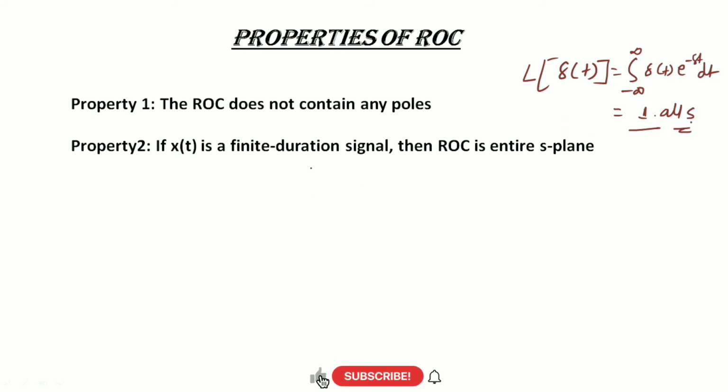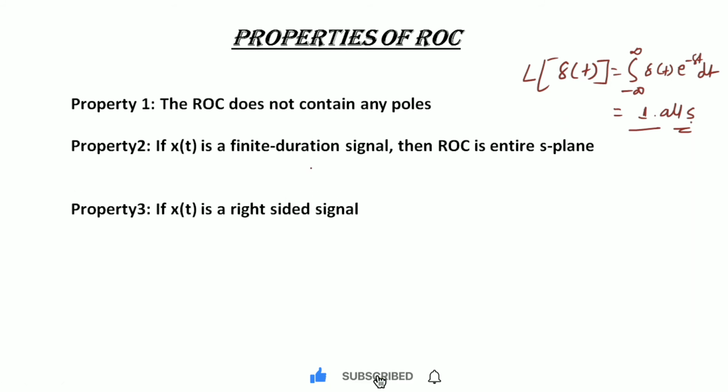Okay, so moving ahead to property number three, if x of t is a right sided signal, for example u of t is a right sided signal, that means 0 to infinity, then we have to remember that the value of t should be in a finite duration, from a positive value to infinity.